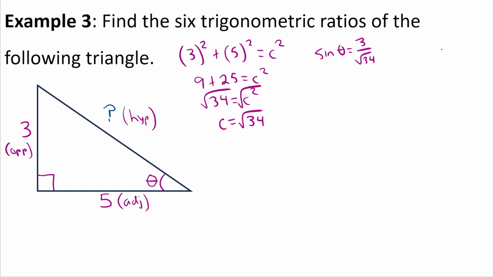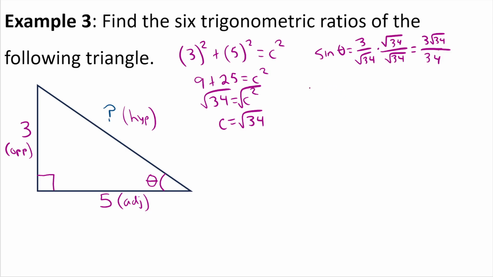If you're faced with a radical at the bottom, you do something called rationalizing the denominator. Multiply the top and bottom by that radical. The square root of 34 times the square root of 34 will just cancel each other out, so this becomes 34 at the bottom, and you get 3 square root of 34 over 34.